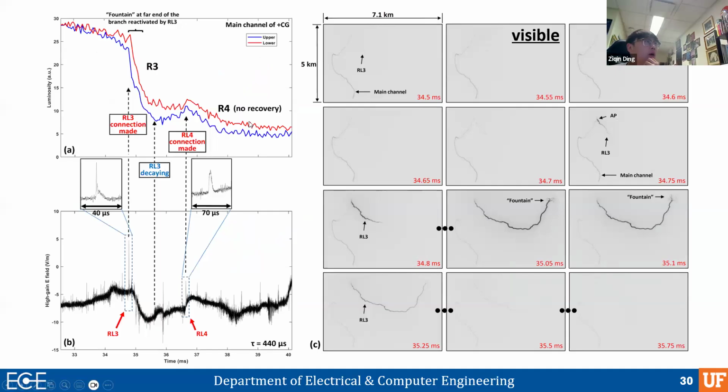Similarly for this one, we have another recoil leader propagating horizontally, and it attached to the continuous current via this attachment point. After the attachment, we see the luminosity decrease abruptly, and then recover after it loses its connection.